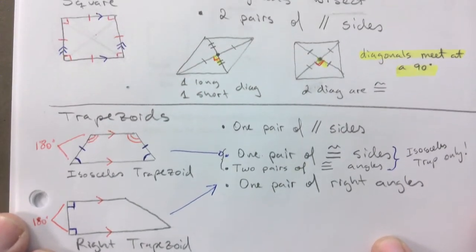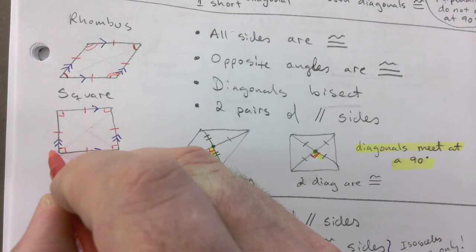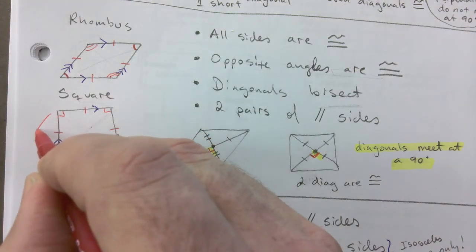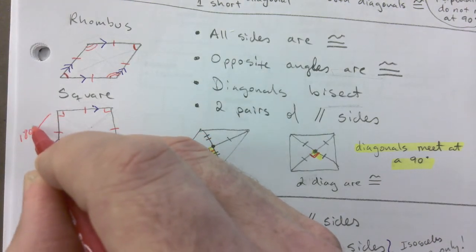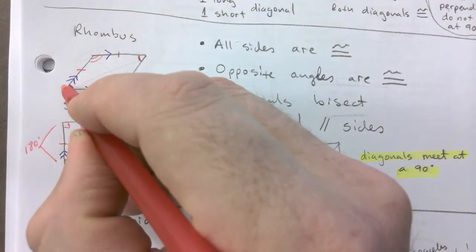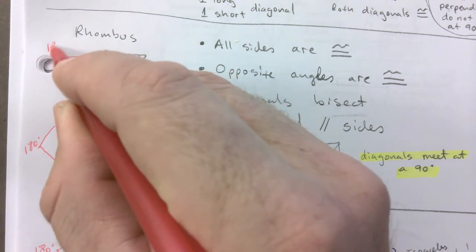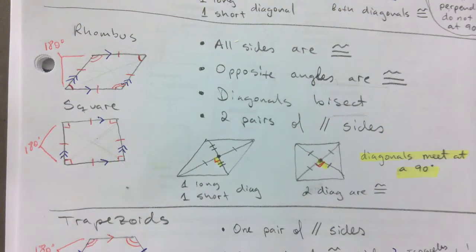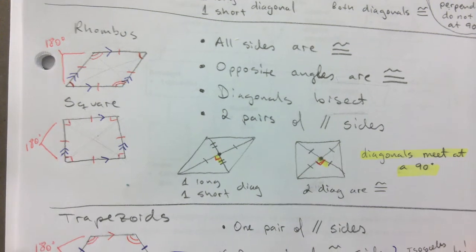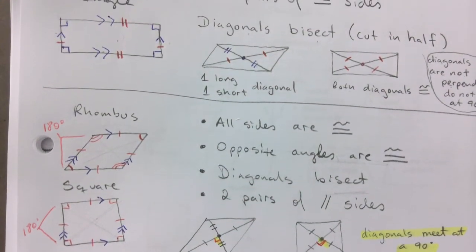So let's go up to the square and the rhombus. We do the same thing. 180. And we go to this, 180. So we did that with the rhombus and the square.